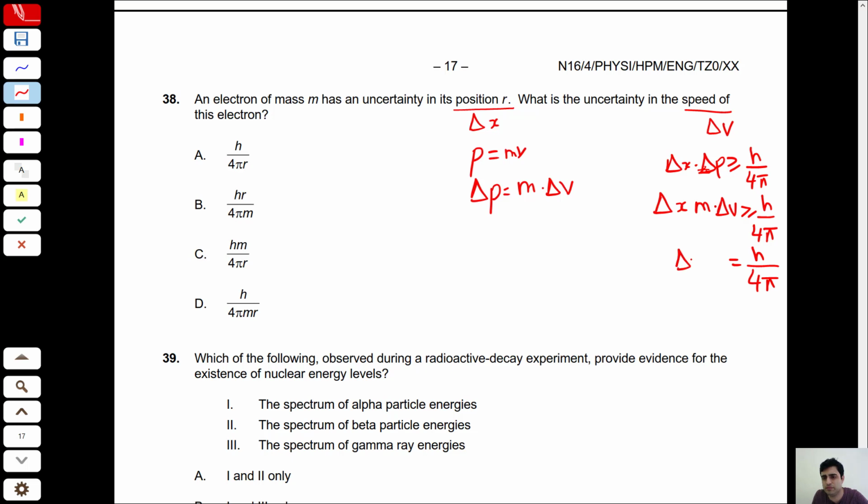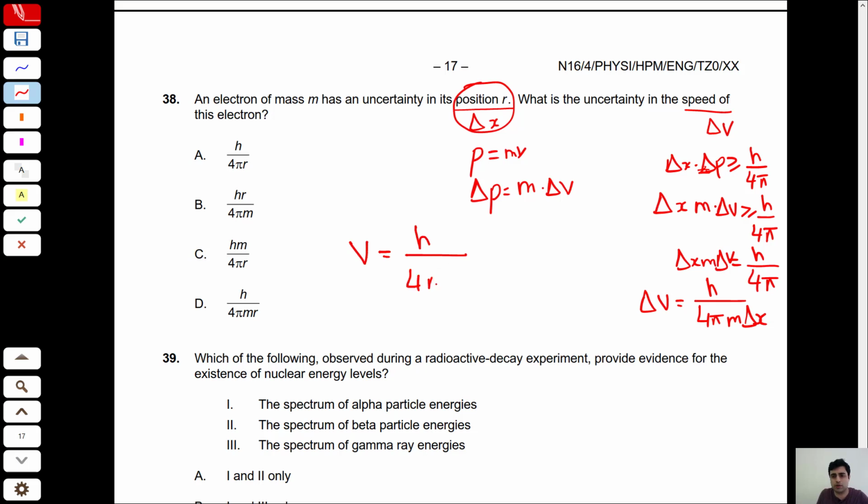Just make delta v the subject, so that is what we are looking for: h over 4 pi m delta x. Well, delta x is just this r, so just replace delta x by r. So the uncertainty in velocity is h over 4 pi m r. So h over 4 pi m r is the answer.